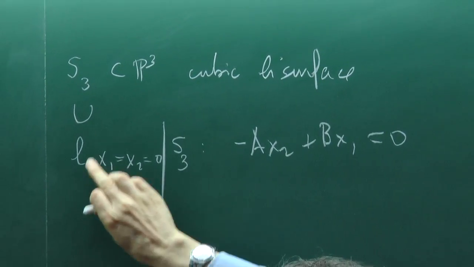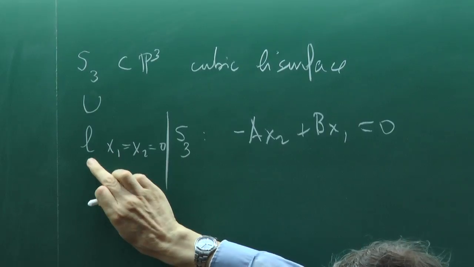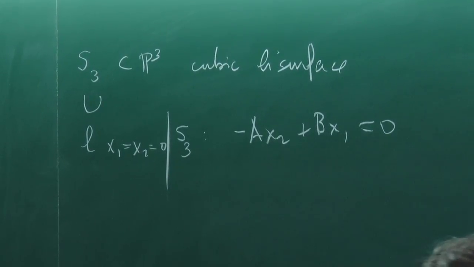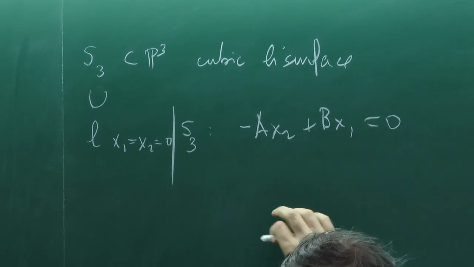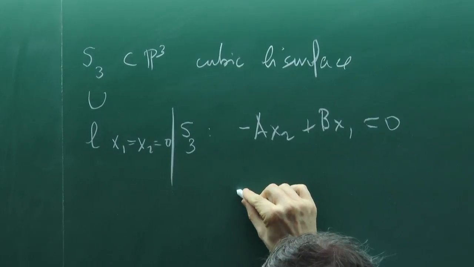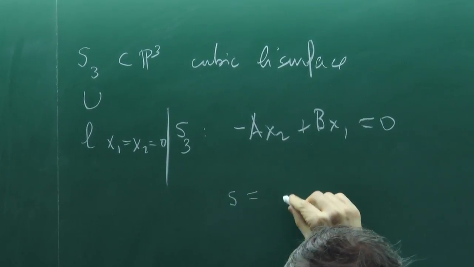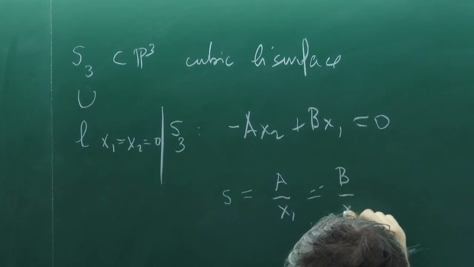So the equation of S has to be in the ideal of L, so it has to be a multiple of x1 plus a multiple of x2. When you see this, you may immediately think to write down S equals a over x1 equals b over x2.